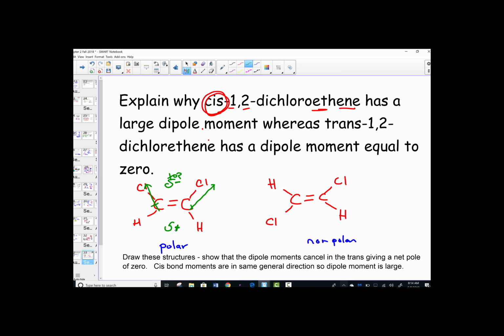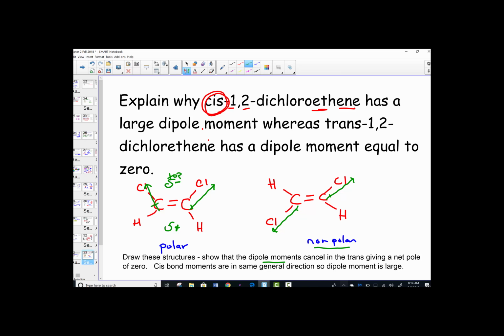In the trans configuration, I see the electron distribution heading down, and an opposite but equal pull heading up. So they're being pulled in opposite directions equally, creating an overall equal distribution of charge, therefore a nonpolar molecule.